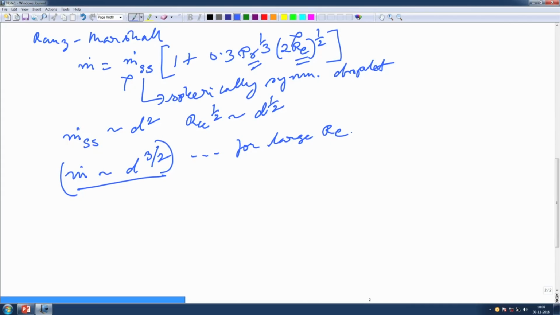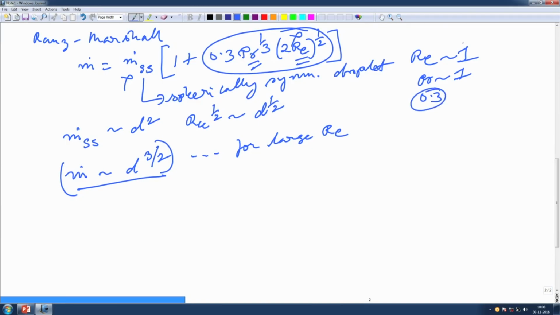However, if the Reynolds number value is very small, this term becomes negligible. Say if Reynolds number is of the order 1, and Prandtl number is already of the order 1, then what will this term be? This will be of the order of 0.3. If the Reynolds number is very much less than 1, we are slowly going to the pure diffusion case.